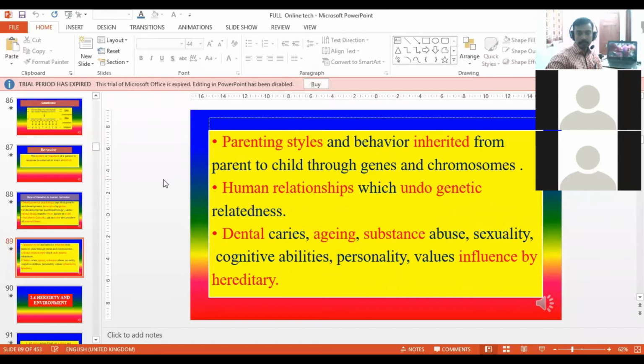Then human relationships, and genetic relatedness. The same kind of characters derive from parent to child.